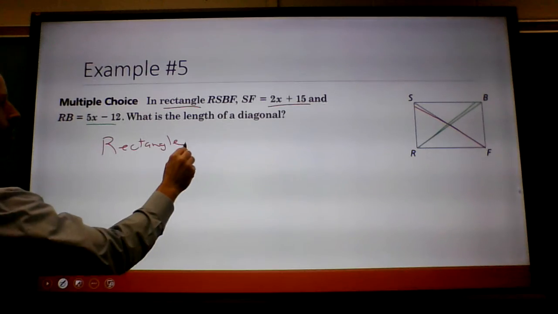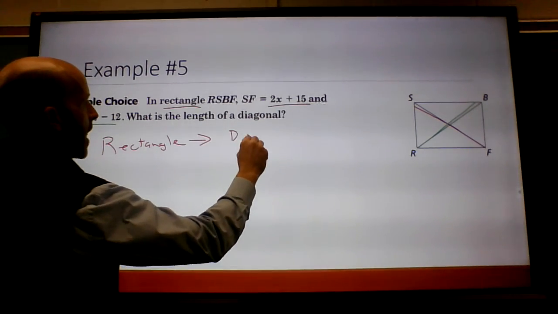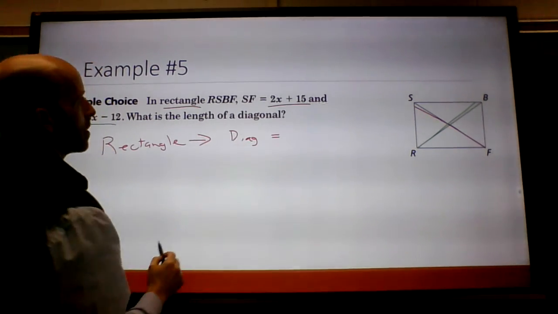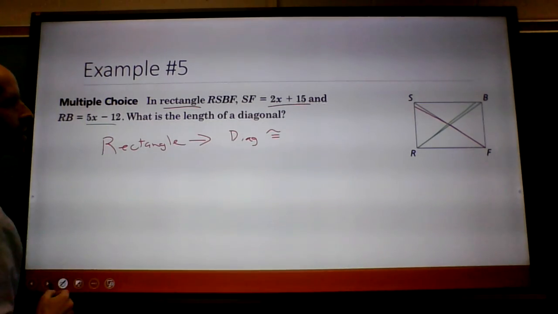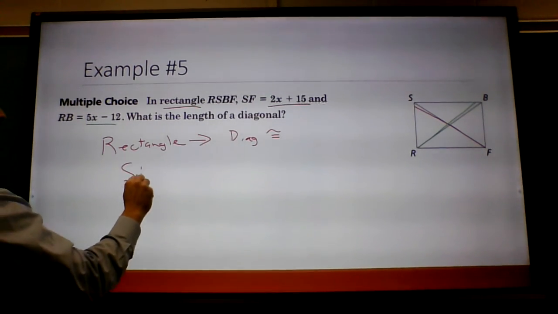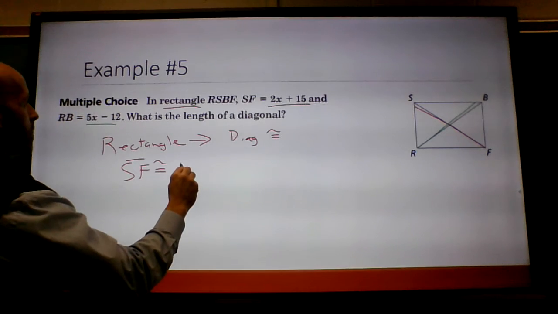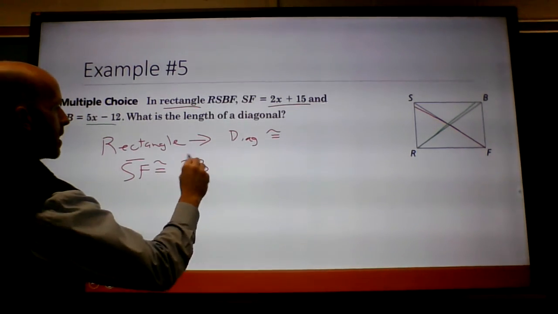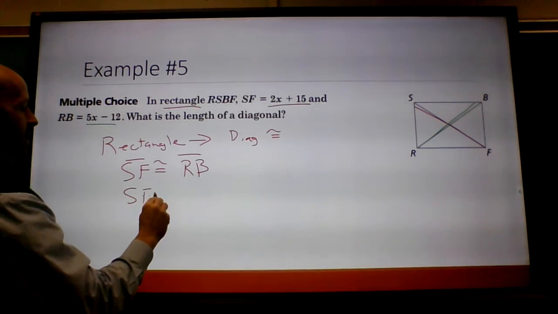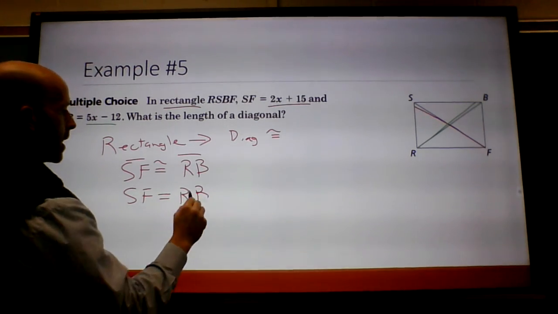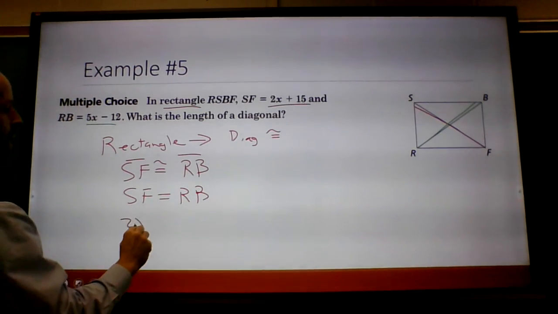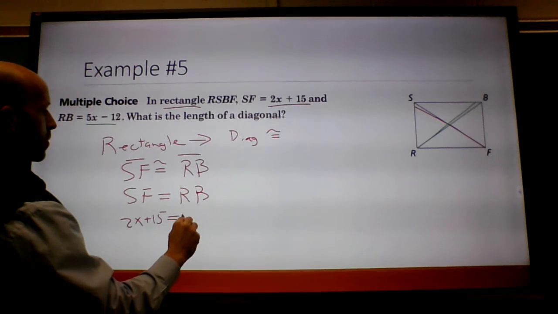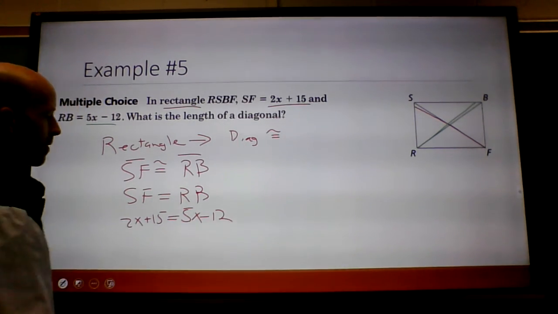We'll put it congruent, it's probably a better way of saying that. So SF is congruent to RB because they are diagonals. So SF is equal to RB. In other words, 2x plus 15 is equal to 5x minus 12.